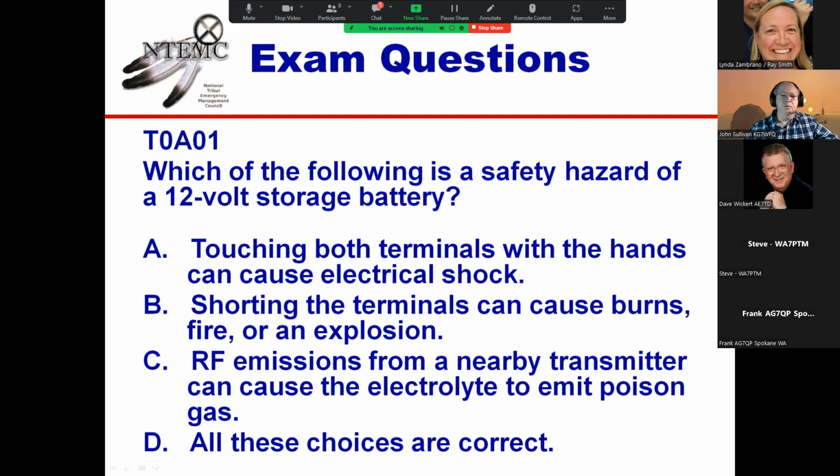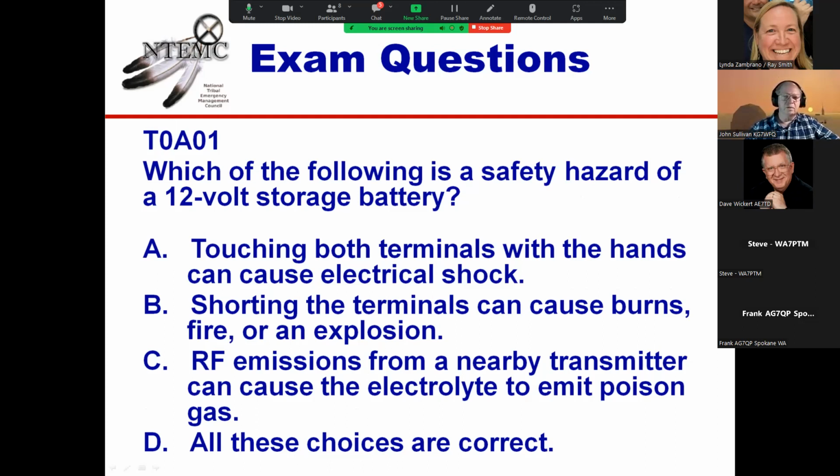Next question. Which of the following is a safety hazard of a 12-volt storage battery? Okay, this one you might think A is the best answer, and it's a good answer, but touching both terminals can cause electric shock. That's possible.